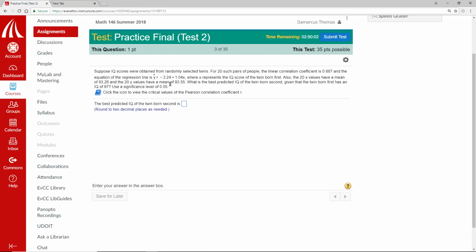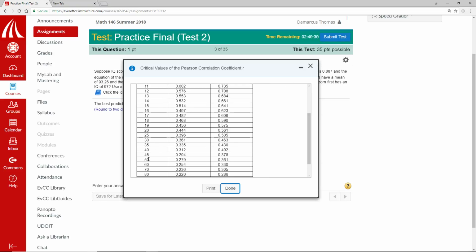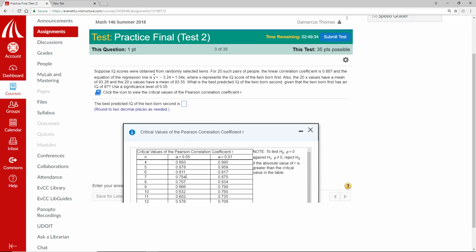Well, first I need to know if my correlation coefficient of 0.887 is significant or not. If it's more than the critical value, then my regression equation is good. So I need to look this up. I need, for a sample size of 20, and my alpha is 0.05, so I'm looking for the critical value. What does the r need to be in order for there to be a regression line?